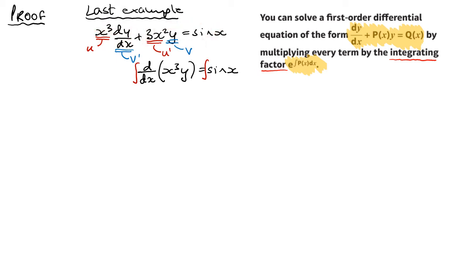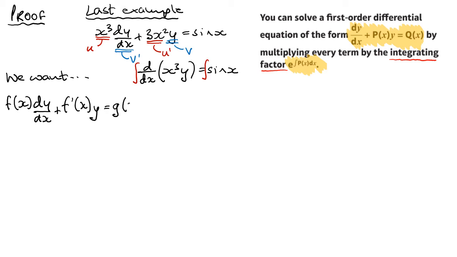Okay, so what we want, let's write this down, is a differential equation to look like this: a function of x, dy dx, plus the derivative of that function, y, equals another function of x that we'll call, for now, g of x.